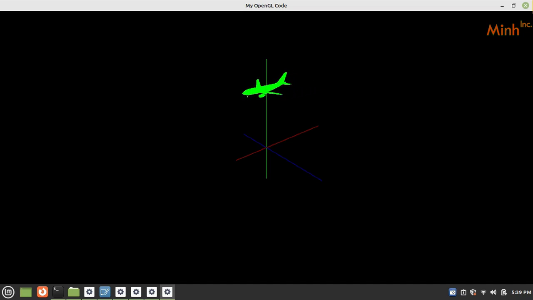Now we will rotate along, okay, the X-axis. Okay, it is flying here. Okay, nice. I can rotate it again to kind of land.